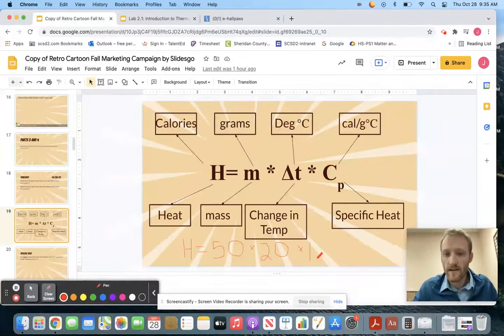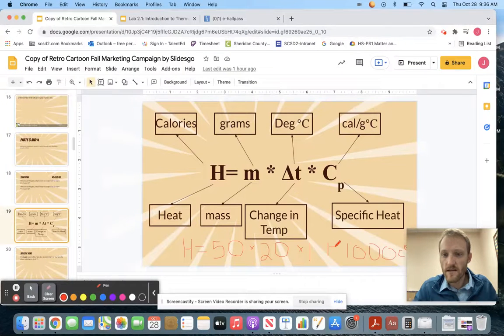Ideally, you're putting units behind this, because it's really hard for me to write on this. But 50 times 20 should be pretty easy. That's going to be 1,000, and that's going to be 1,000 calories. So 50 times 20 times 1 equals 1,000.